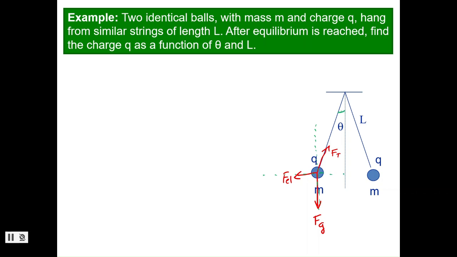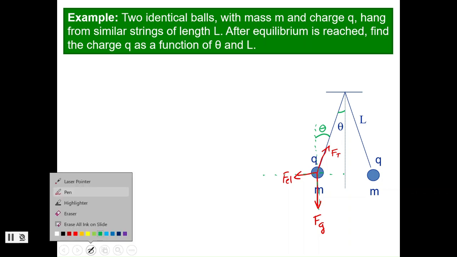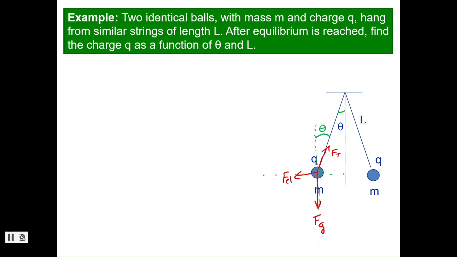If I look, this angle theta right here with my trig is going to be the same as that angle theta right there. There's some sort of parallel lines with a bisector. I don't know the names of all of them, but with our geometry, you could prove that those angles are the same. So what I'm going to do is take my tension and resolve it using that as my angle theta right there. So I'm going to have an FTX and I'm going to have an FTY.